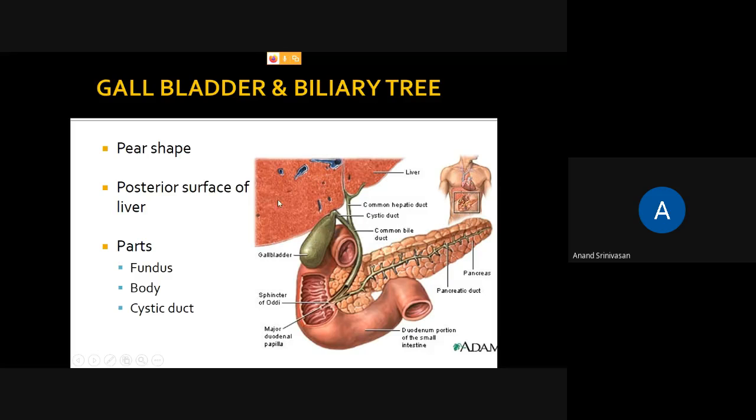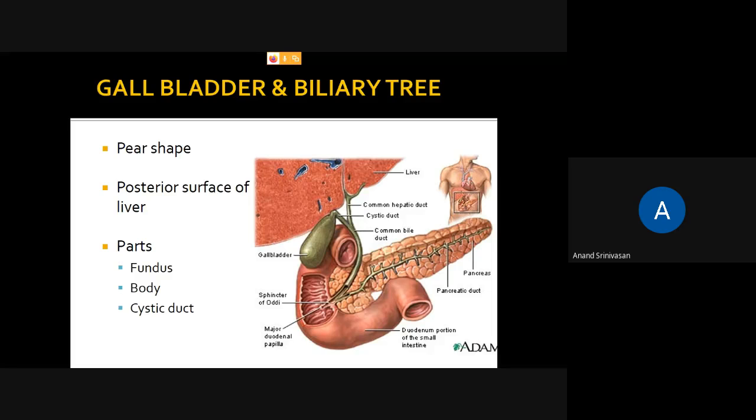The bile is produced in the liver, and this bile comes and gets stored in the gallbladder. So the gallbladder is nothing but a storage organ. It stores the bile.